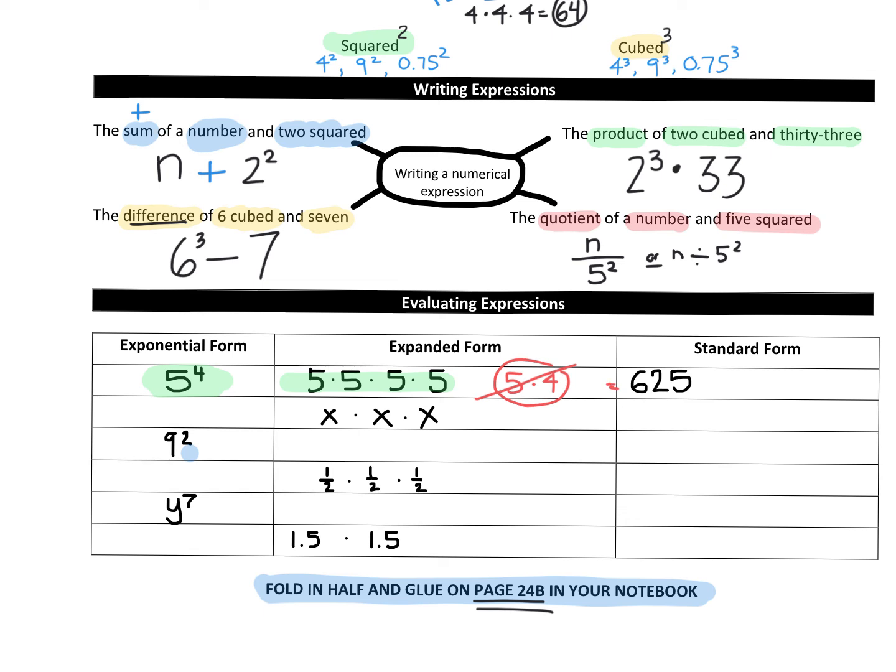Okay, this time we kind of have to go backwards. You see here, there's 3 x's. So we know there's 3 different types of forms we can talk about here. There's exponential form, there's expanded form, and there's standard form. Okay, standard form is the answer. Expanded form means you expand it or make it bigger. And exponential form is just the exponent.